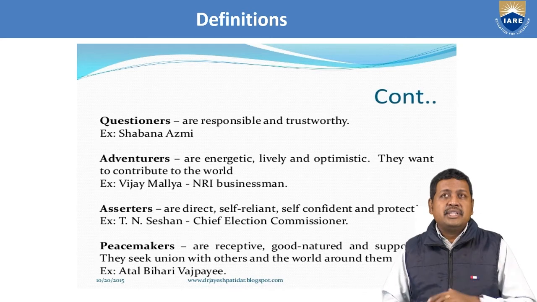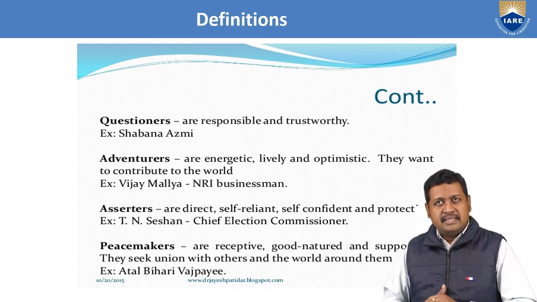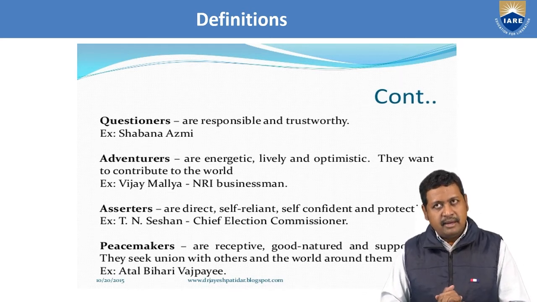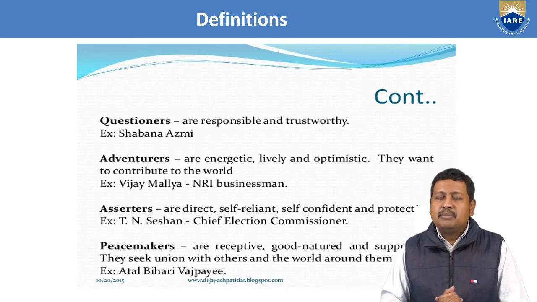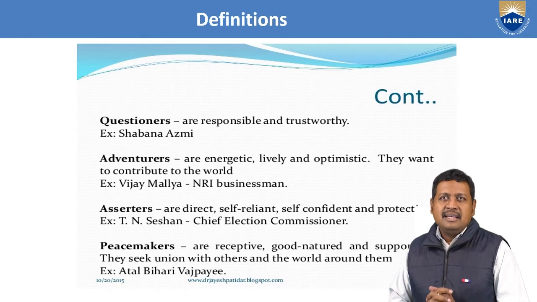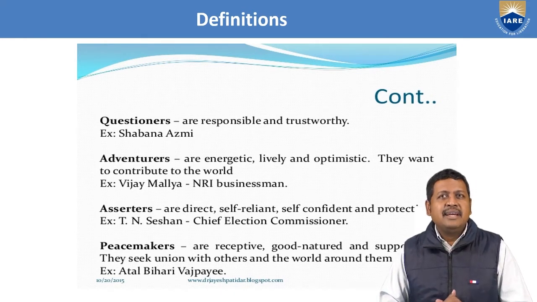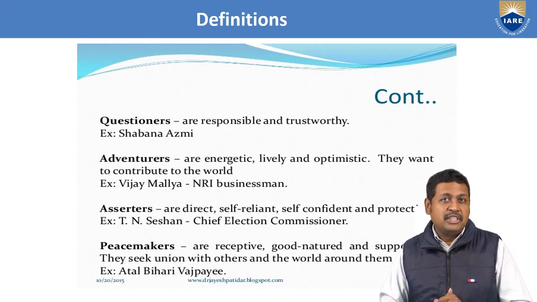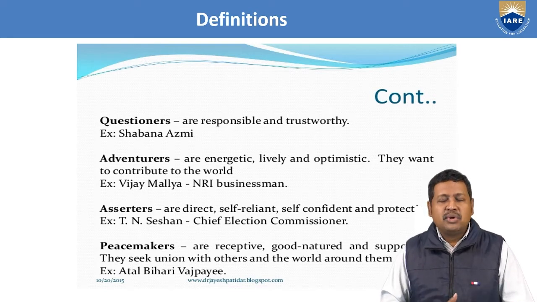Adventurers. They are energetic, lively, and optimistic people. These adventurers are people who look at the brighter side of life, and they want to contribute to the world. Vijay Mallya, NRI businessman, is mentioned here, but of course, he's not in the good books of our country now. He's in the bad books.